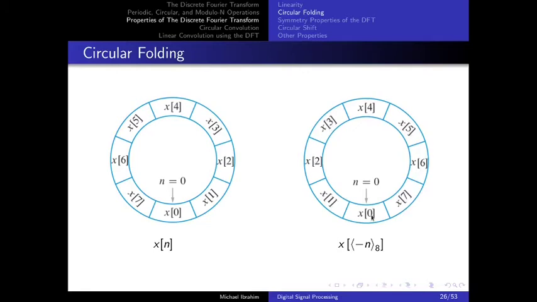So doing circular folding on this circular mapping, we simply keep x of 0 as is and reverse all the other samples, as if we are writing the sequence in a clockwise direction and reading the samples in a counterclockwise direction. So we write the samples x0, 1, 2, 3 in a clockwise direction, but you read them as usual in a counterclockwise direction.